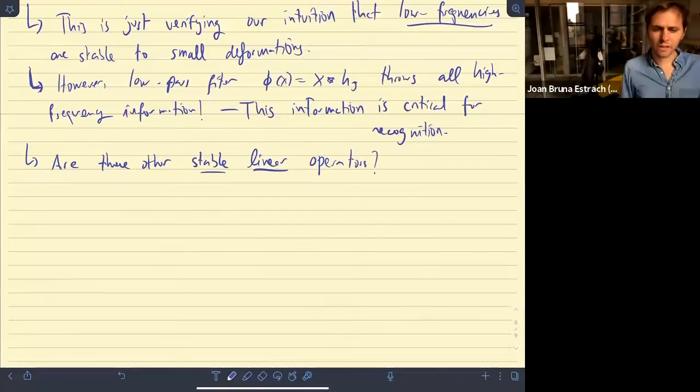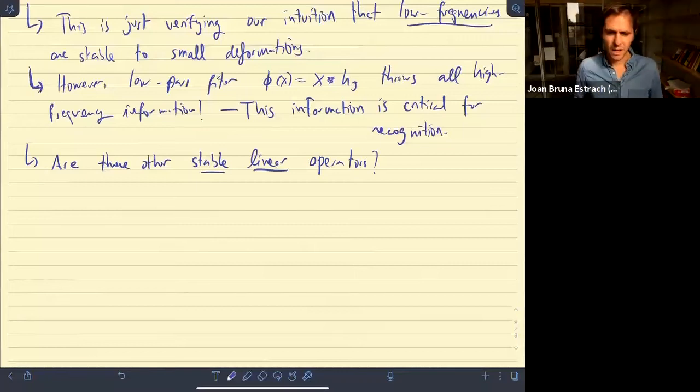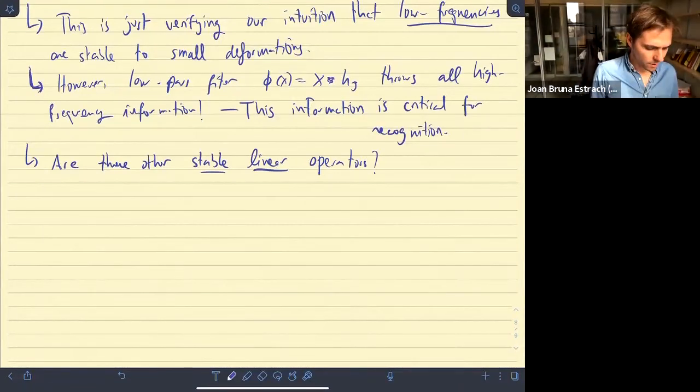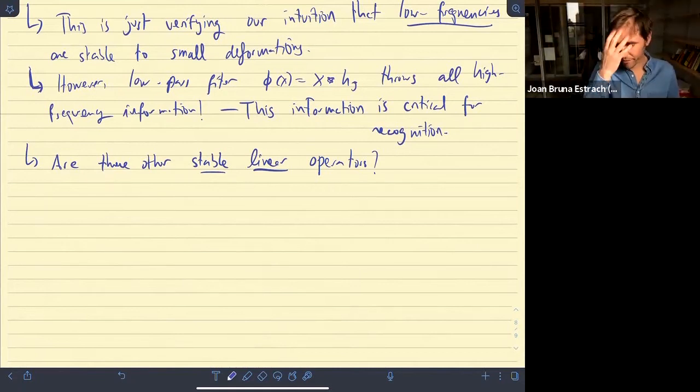So the low pass filter is stable and it's nice, it's easy to understand, it's linear. So are there other linear stable operators that maybe do not throw away the information that we see here above? Stable plus linear, are there more?